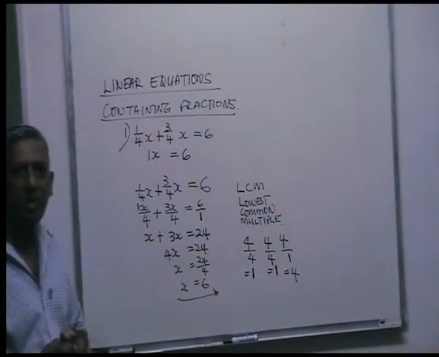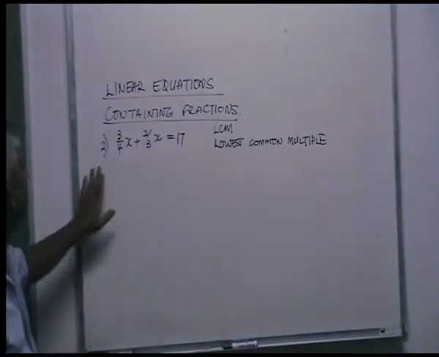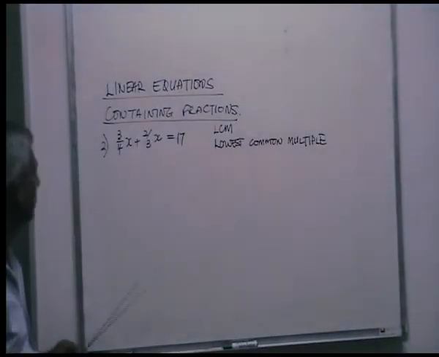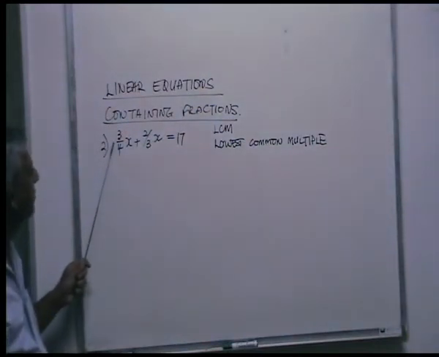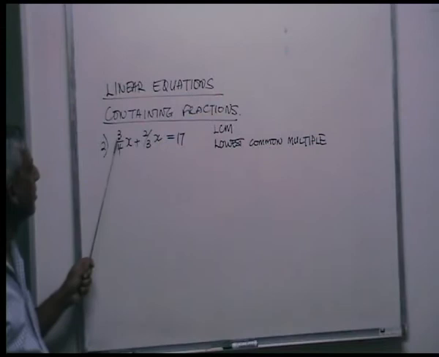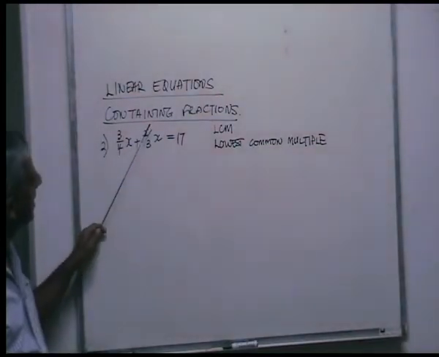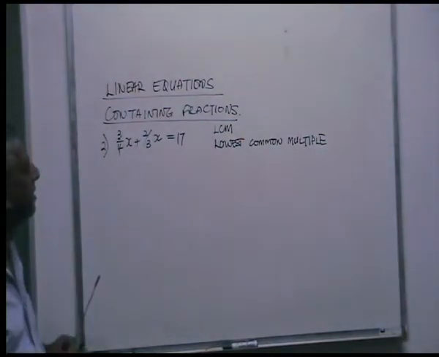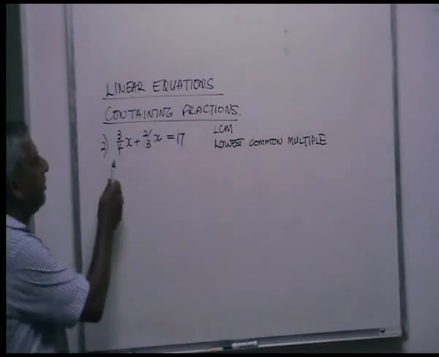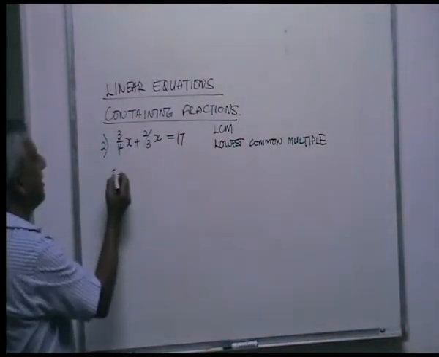Alright, let's move on to number 2. Alright, here we have number 2. Now, you've got 3/4 x. Now if you look here carefully, this line is going horizontally nicely. Here you'll see the line is going slant. It makes no difference. It's still the same. Alright? So now, before we start this example, it's better to rewrite this nicely.